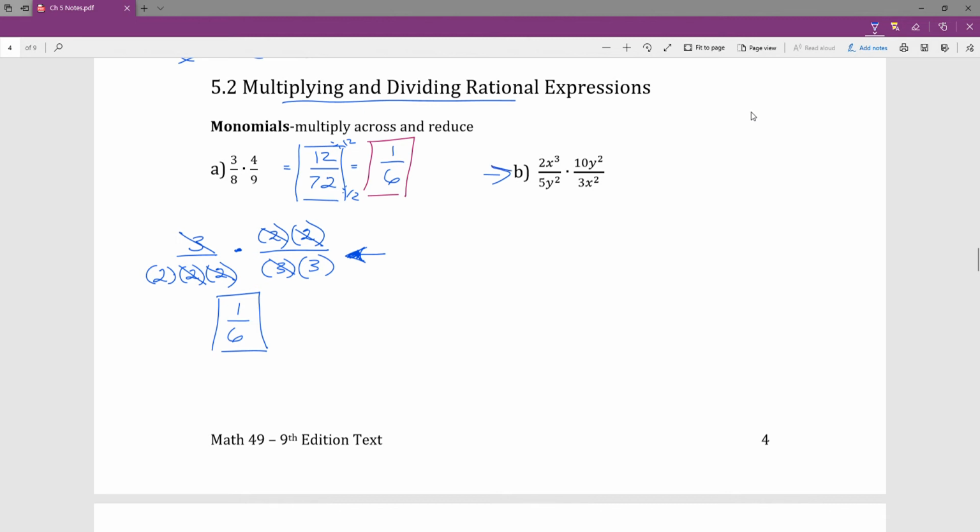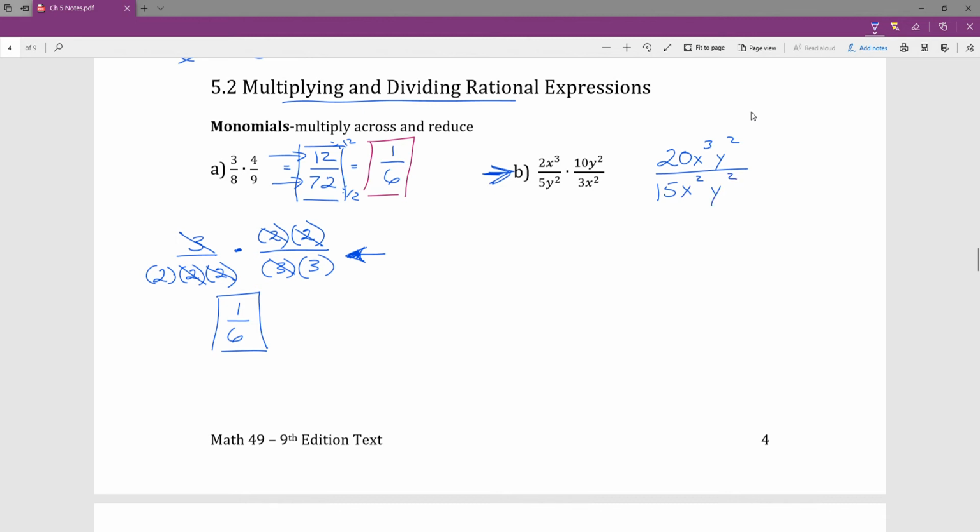So if we take a look at B, the most likely way to do it is the way I did it in this, where you multiply across the top and across the bottom and then reduce. We have those skills from 5.1. So we'd have 20 x cubed y squared across the top. Across the bottom, we'd have a 15 x squared y squared.